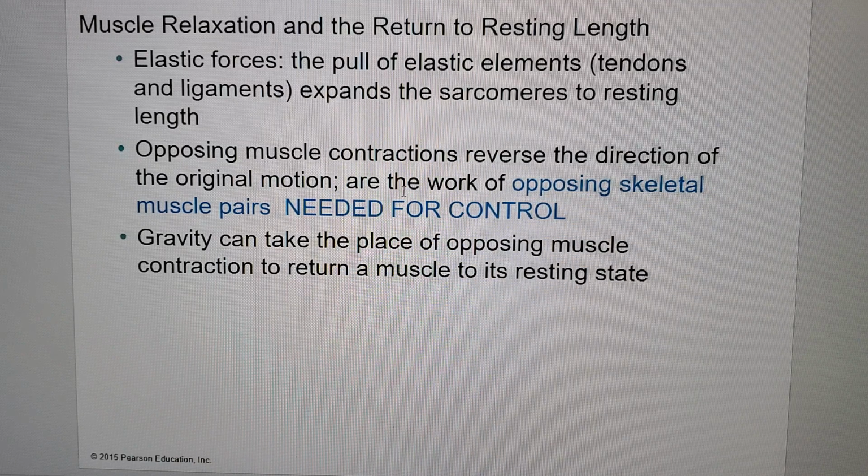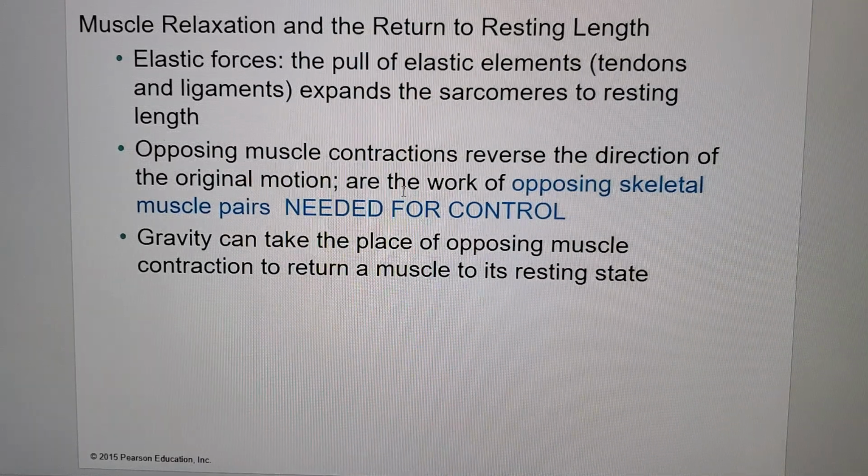Oppositional muscle contraction, these reverse the direction of original motion. We have opposing skeletal muscle pairs. We also have muscles that work synergistically with the prime mover, which is the muscle, like if you're lifting up a weight and you'll use your biceps brachii, that's the prime mover, but there are going to be oppositional muscles, and there are going to be muscles that work synergistically with that biceps brachii.